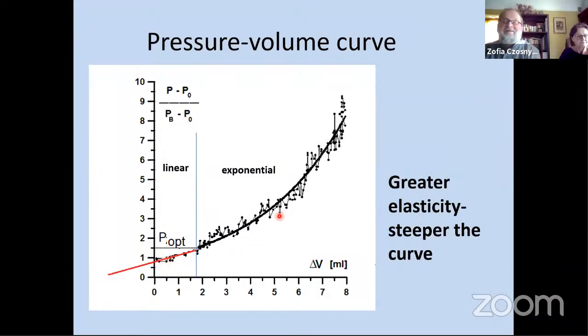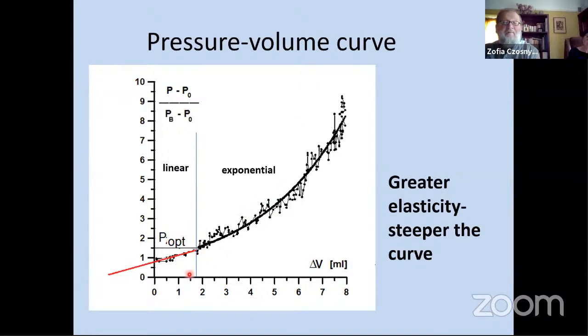And the compliance. Compliance is described by an exponential pressure volume curve. Above a certain pressure level, which is called P-opt, the curve shows that with increasing volume, the relative rise of intracranial pressure is really exponential. The higher the so-called elasticity, the steeper this exponential part of the curve.